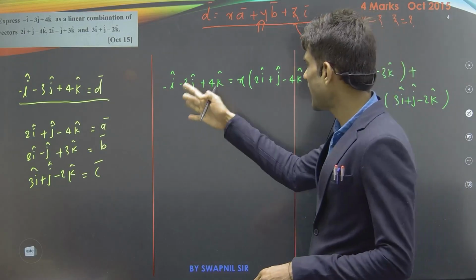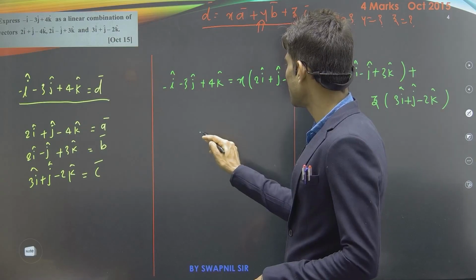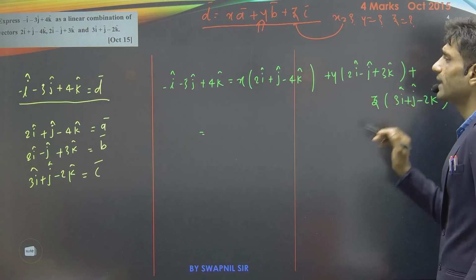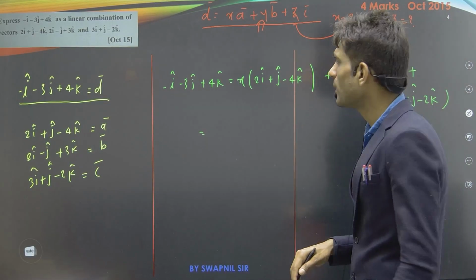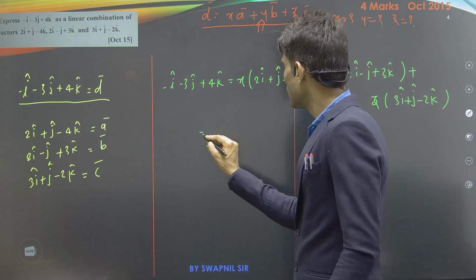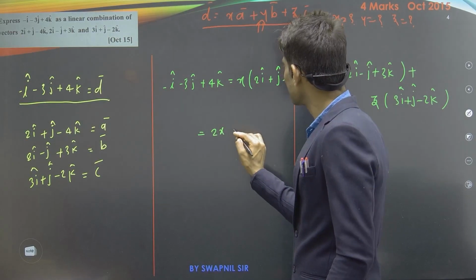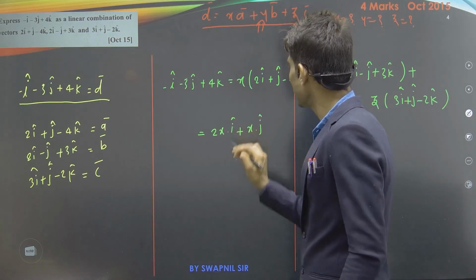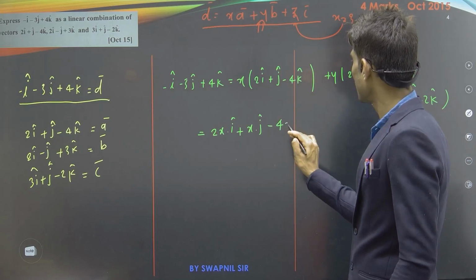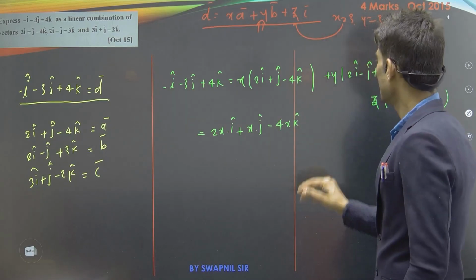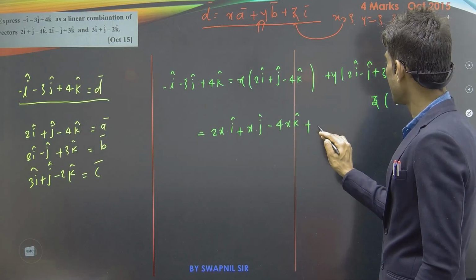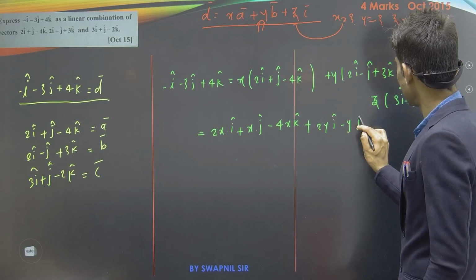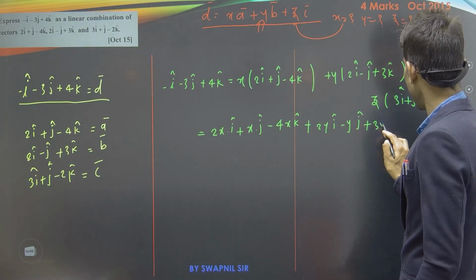Keep the first side as it is. In our second side, go for the multiplication of x, y and z inside the brackets, then take i cap, j cap, k cap common. That means 2x i cap plus x j cap minus 4x k cap, plus 2y i cap minus y j cap plus 3y k cap.